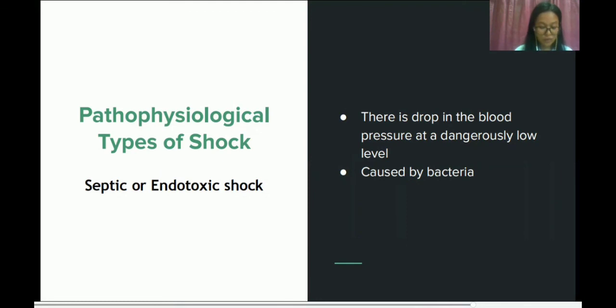This begins with weakness, chills, and a rapid heart rate. When it is left untreated, the toxins produced by the bacteria can cause damage to the small blood vessels, causing them to leak fluid into the surrounding tissues. This can affect the heart's ability to pump blood to the organs, lowering blood pressure.